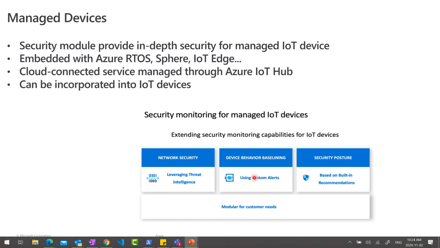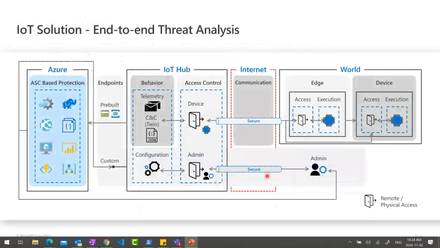So for customers who fully understand the devices' expected behavior, you can utilize our custom alerts to monitor the devices further. And the most important point I want to highlight is that we keep adding more and more features and capabilities on the managed side of it, so watch out for the same.